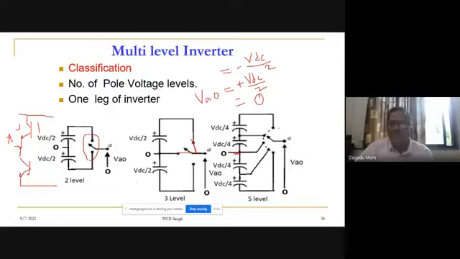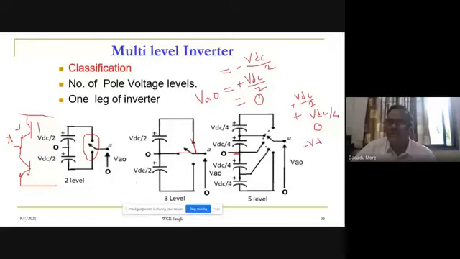The upper one is plus VDC by 2. That will be one level. The second level, with just one switch here, is plus VDC by 4. Now third, if A is at point O, it is 0. Then when the switch is there, this capacitor will come across, so it is minus VDC by 4.